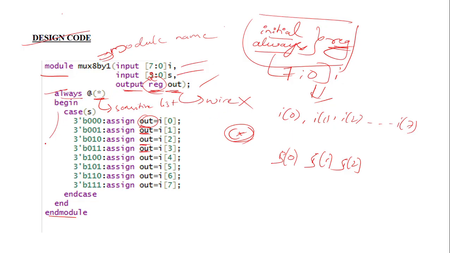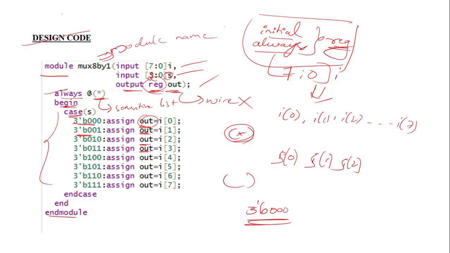Next we can use a case statement. How can you use a case statement? In the always block, when there are multiple statements, you can use begin, followed by case. Inside the braces, what are the values you are going to give here? 3'b000. What is this value? It is our select lines value. What is the select line variable?